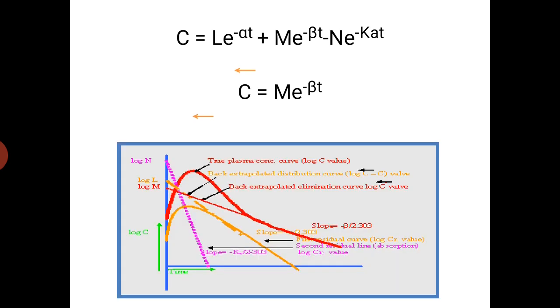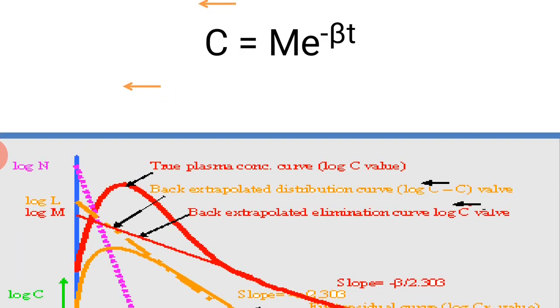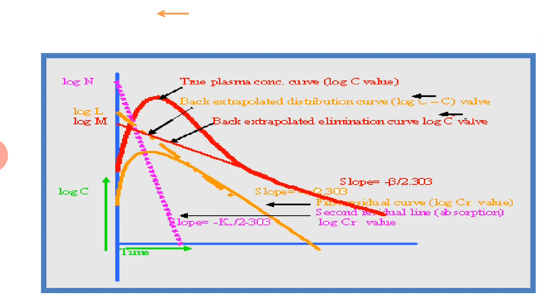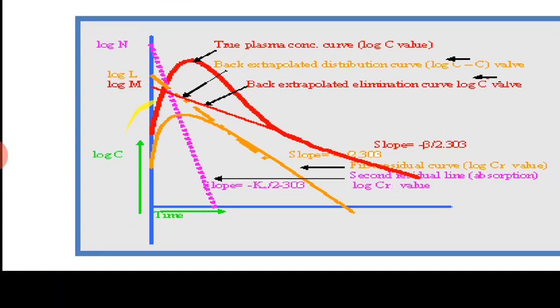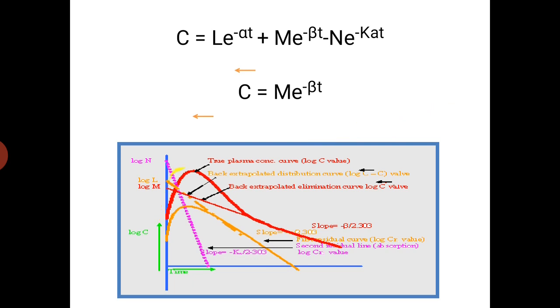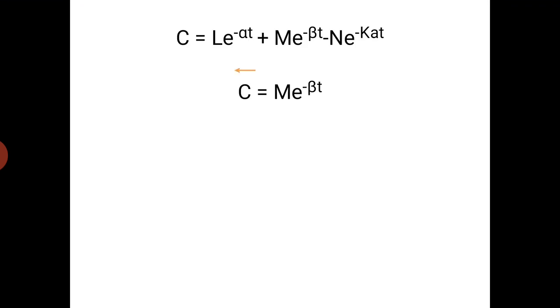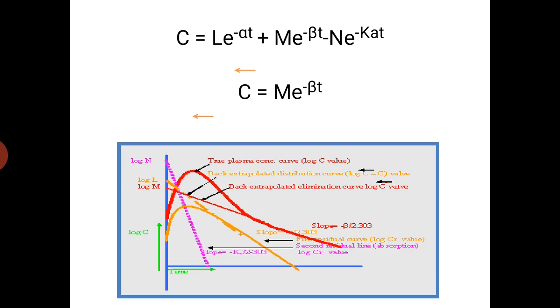So here is the graphical representation. If we look into the graph, the red line represents the general plasma drug concentration. That one we have back extrapolated from the elimination phase to the y-axis.